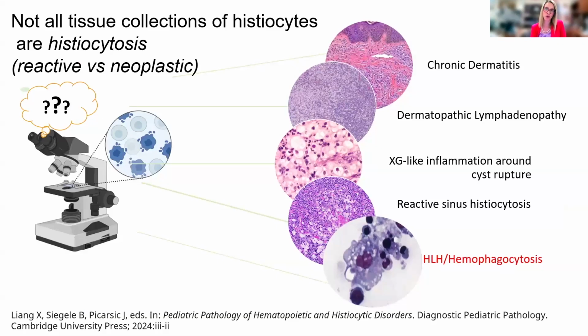So for pathologists, it's very important to know that not every collection of tissue histiocytes is actually histiocytosis or the neoplastic form. In various entities, we'll see these collections, and that's always the conundrum: is this really neoplastic or not? So we'll go over a few of these mimics, especially within the L group.